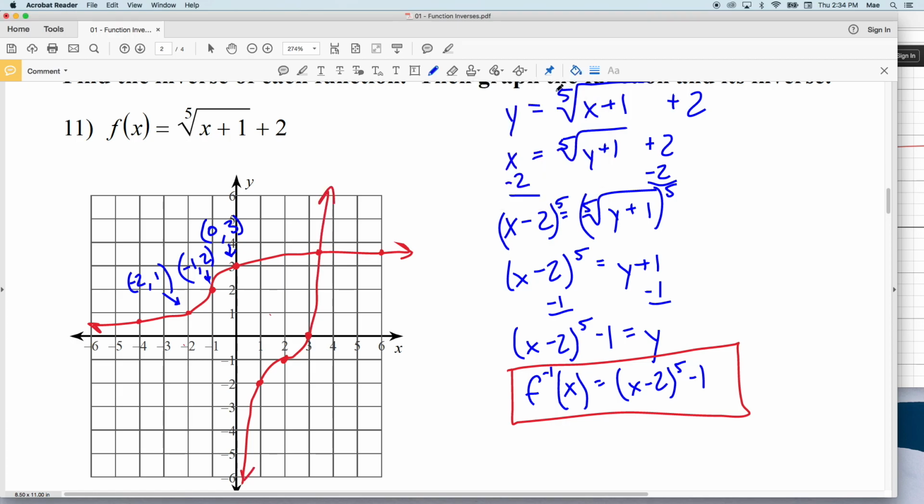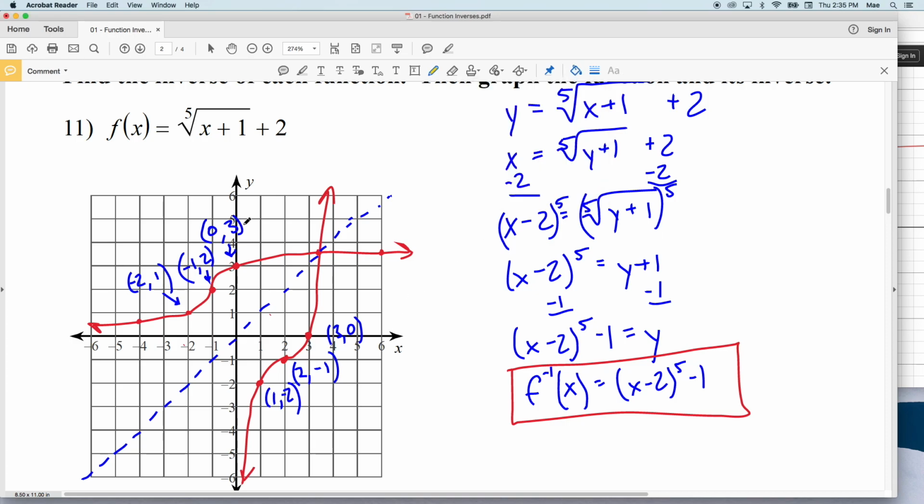Now I'm going to write out the points that I've plotted. So we had 3, 0, 2, negative 1, and 1, negative 2. Now if you look, this graph is a reflection over the y equals x axis. And that is true for all inverses.